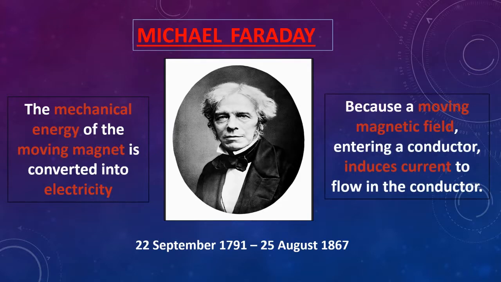So this energy of the moving magnet is converted into electricity. Also, because of the moving magnetic field, like in all these three cases, there was a change in the magnetic field associated with the circuit. So because of this moving magnetic field entering a conductor, in our case a coil, a current was produced in the coil.